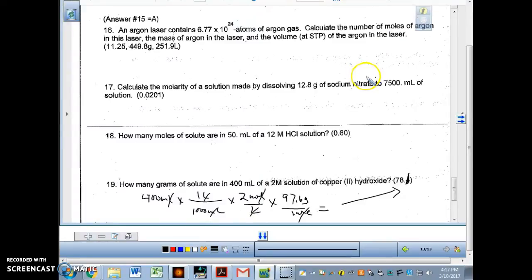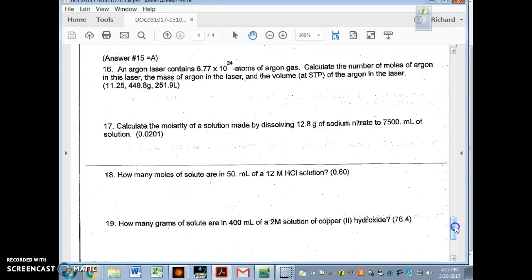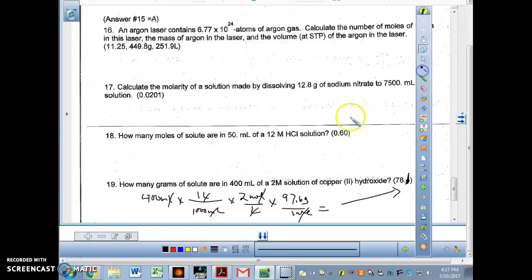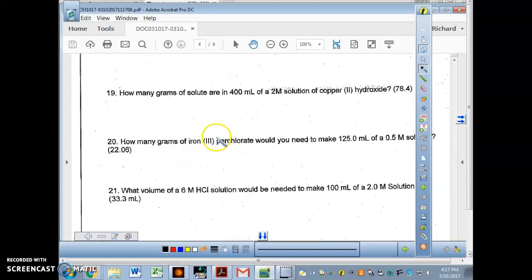All right, so we'll go down to number 20. And on number 20, we go back to our document. We'll scroll down to that. This one's going to be just like this one. Thing is, we need to know what iron perchlorate is. So that's our biggest issue. We haven't used perchlorate very often in terms of our ions, but it's ClO4, and it's a -1, and this is a +3.